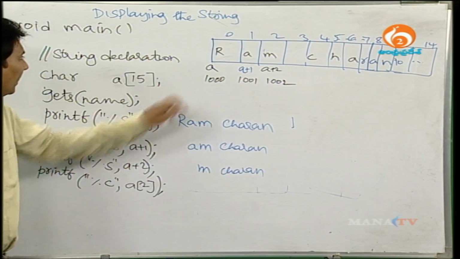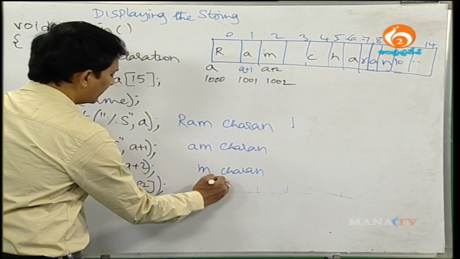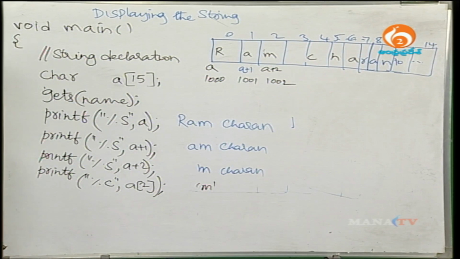Here a of 2 means M is displayed, only M is displayed.